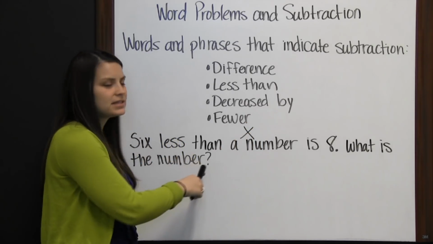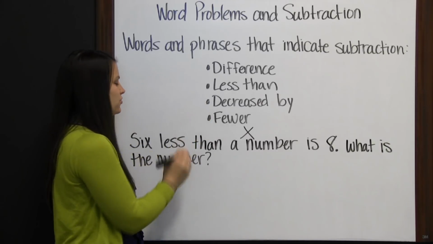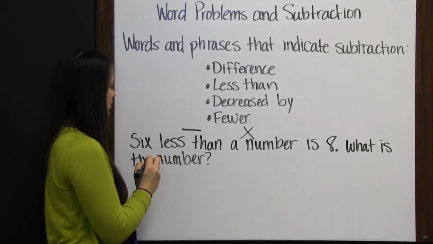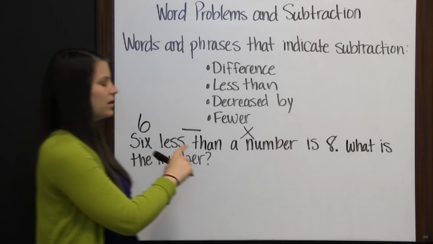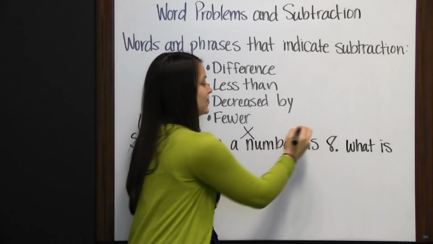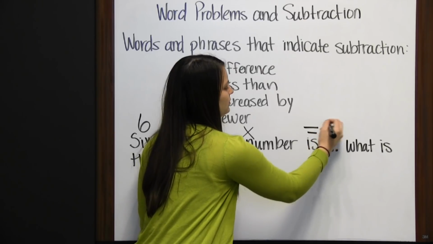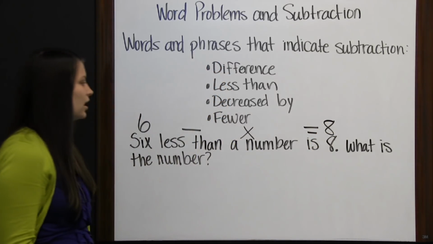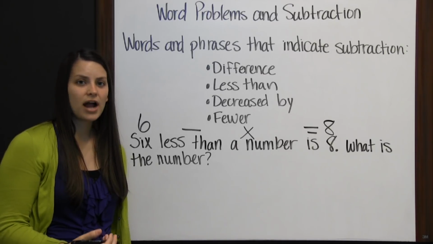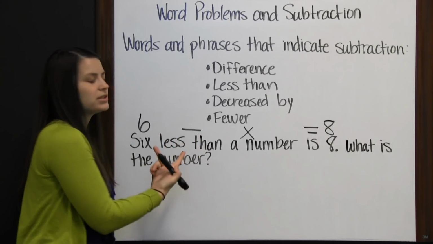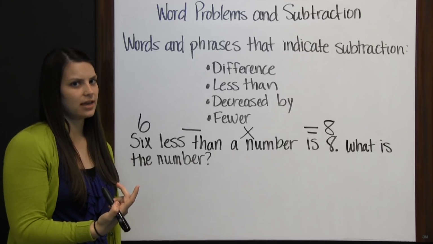This phrase less than tells us that we need to subtract. So we have 6. We're subtracting. We've got a number. Is an equal sign 8. But less than is a tricky phrase. It does mean to subtract, but again, you have to reverse the order of the things you're subtracting.